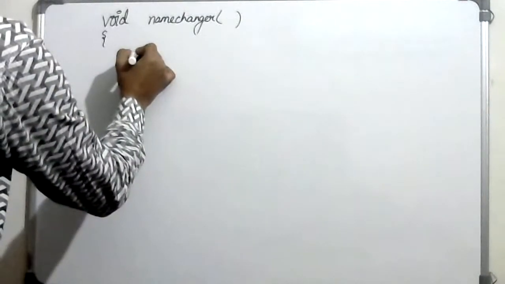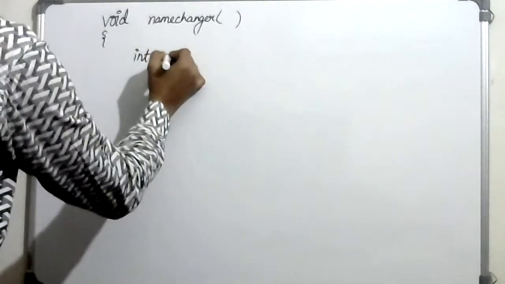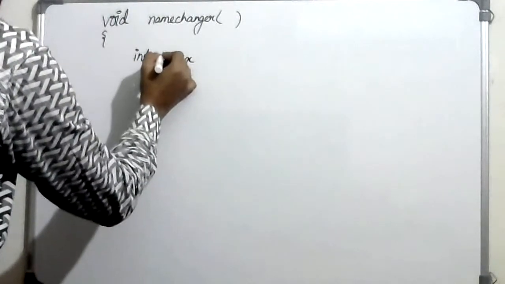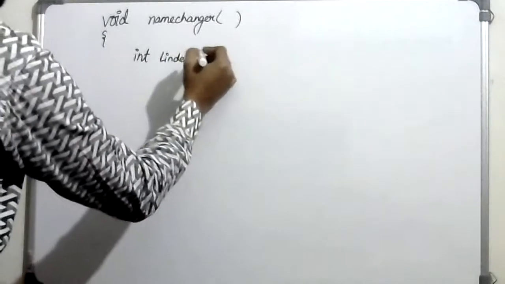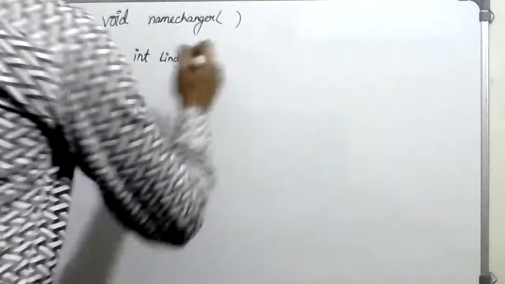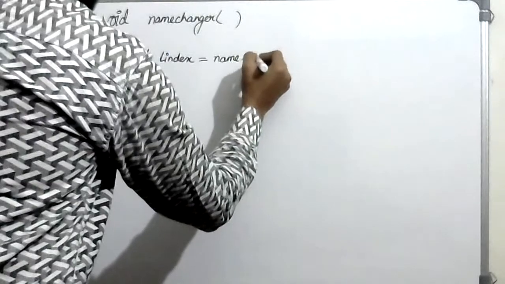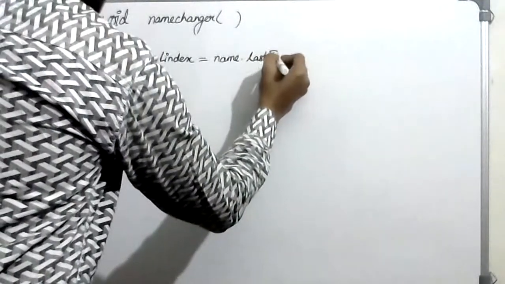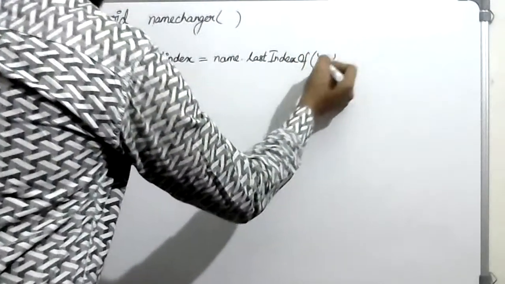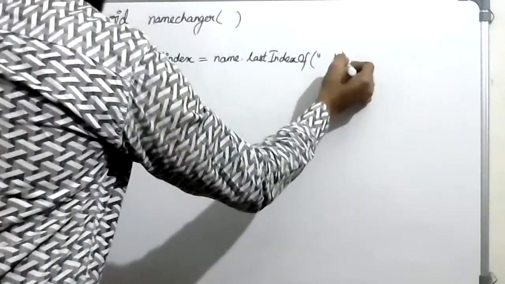So we'll just do int lindex, which stands for last index, is equal to name.lastIndexOf(space).